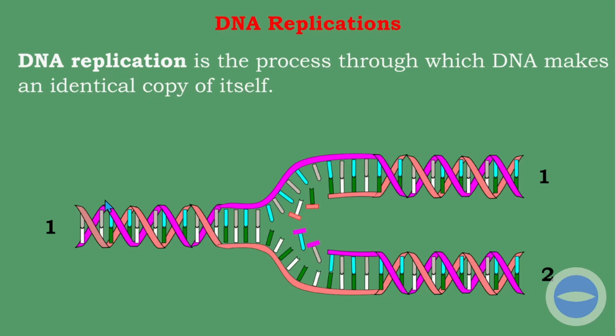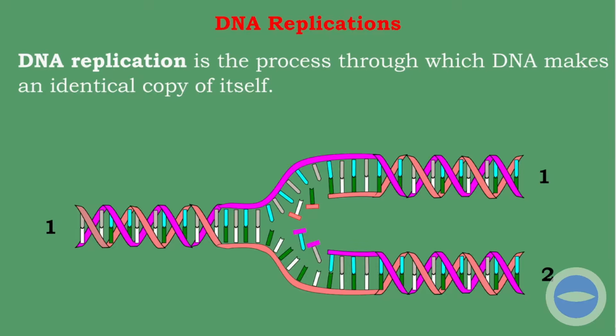If you see in the structure, at first we have one DNA, and then the DNA replicates and we end up with 2 DNA. So this is the structure that you must be familiar with when they talk about DNA replication. You must know the process.